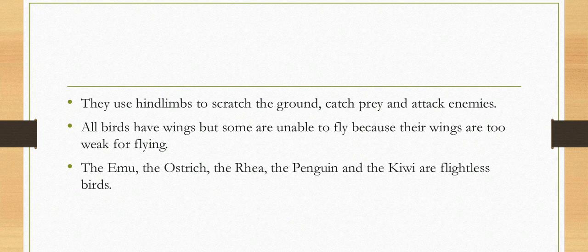When the bird lands after the flight, it uses its hind limbs to walk, to run, to hop, to perch, to catch prey and to attack enemies. Though all birds have wings, some cannot fly because their wings are very weak. Emu, ostrich, rhea, penguin and kiwi are flightless birds.